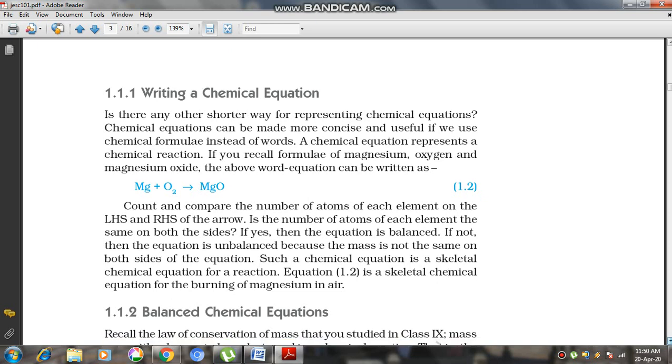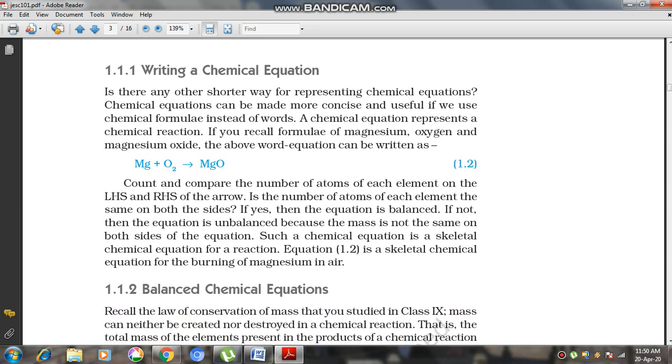Now count and compare the number of atoms of each element on the left hand side, which is the reactant side, and the right hand side, which is the product side of the arrow. Is the number of atoms of each element the same on both sides? If yes, then the equation is balanced. If not, then the equation is unbalanced.